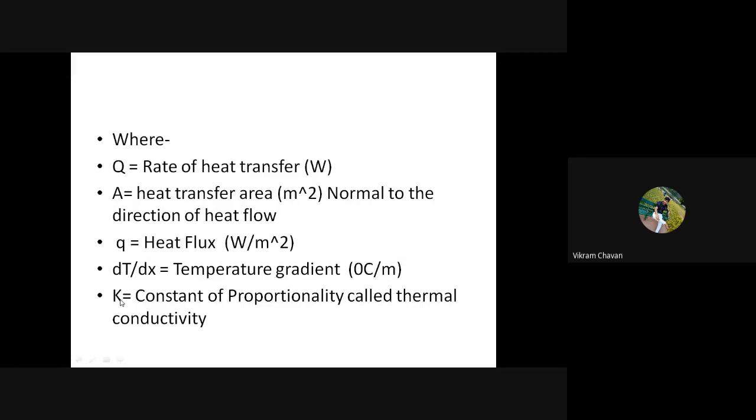Now the last point, we have introduced one proportionality symbol, and that symbol is k. k is called the constant of proportionality, and it is also called thermal conductivity. In this particular law, k is called thermal conductivity. Getting everyone? Any question, any doubt?